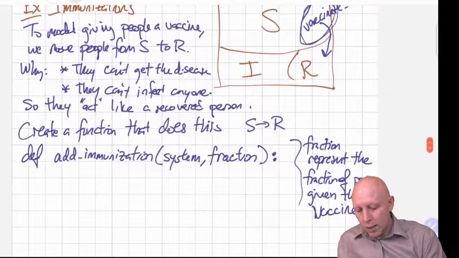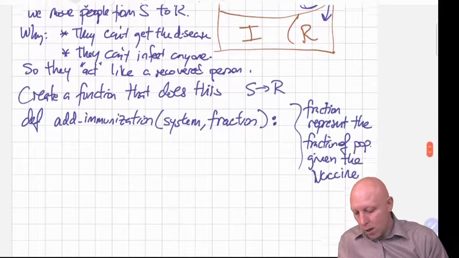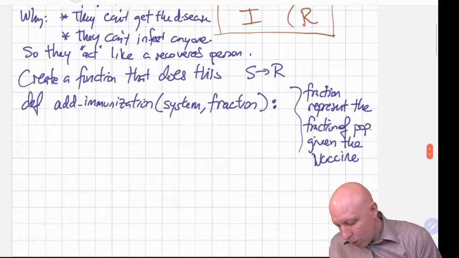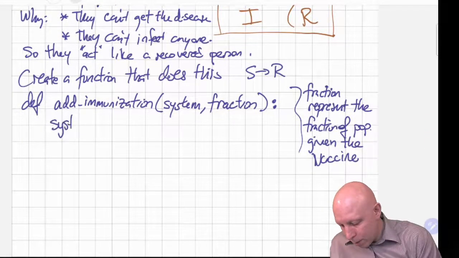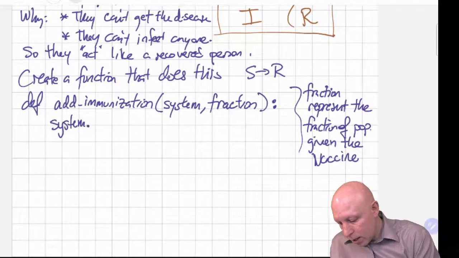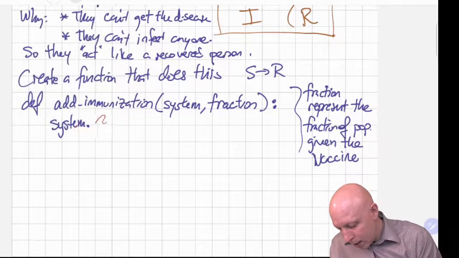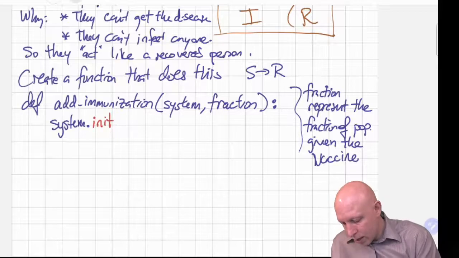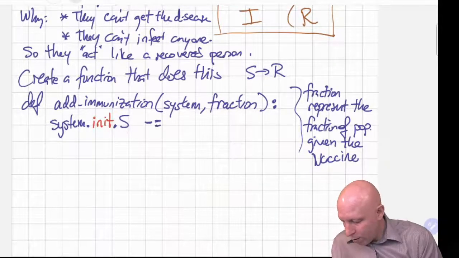We need to take some number of people in S and move them into R. So we get system.init.S, and we take some fraction of people away.